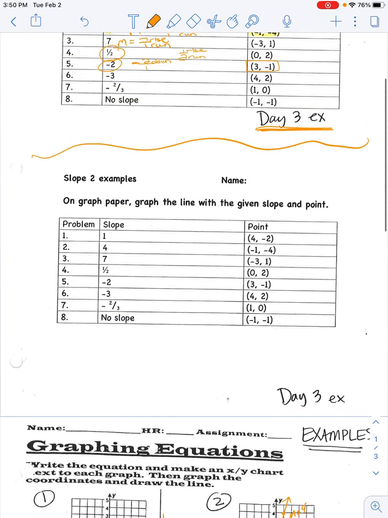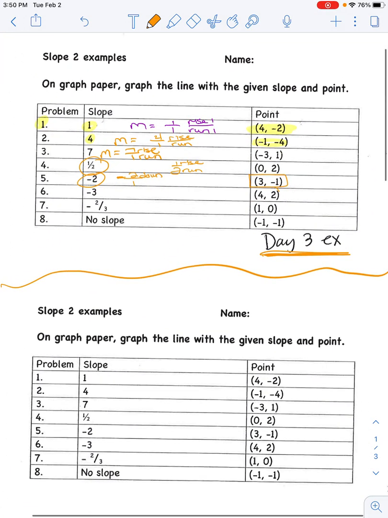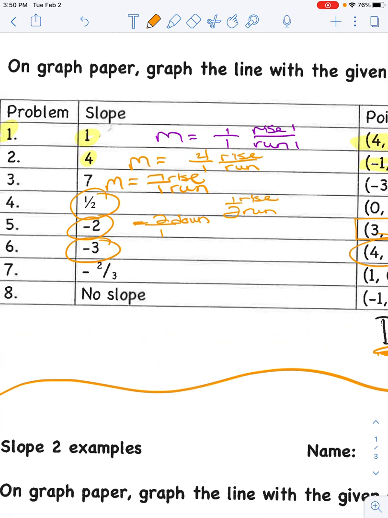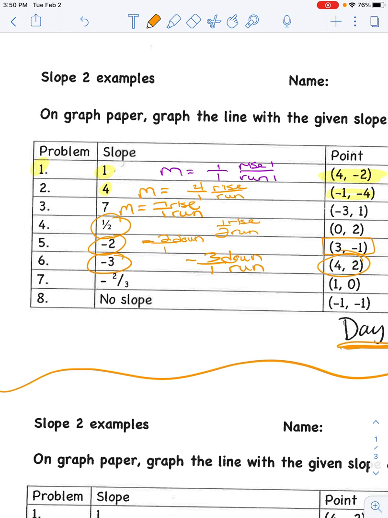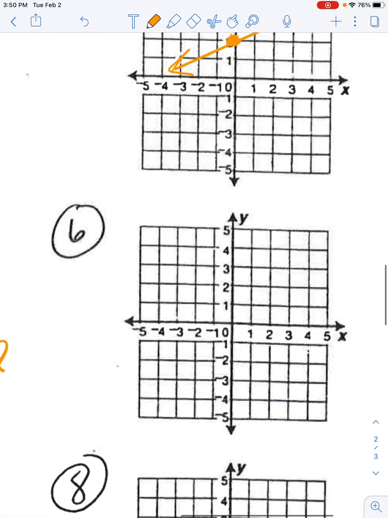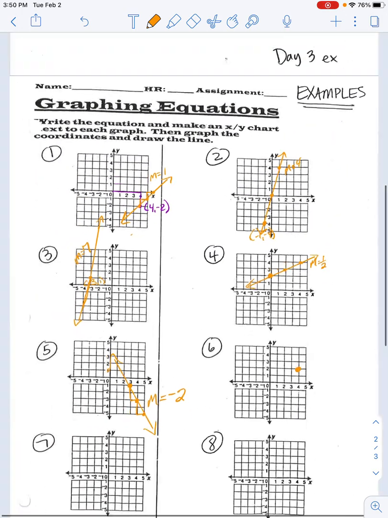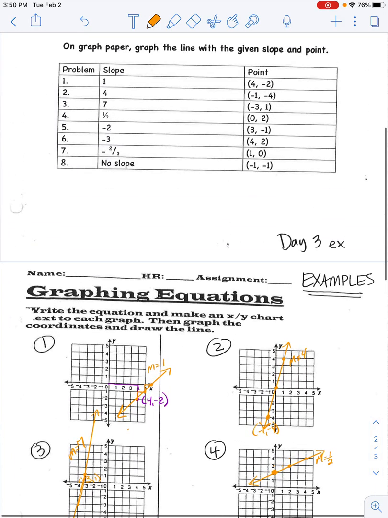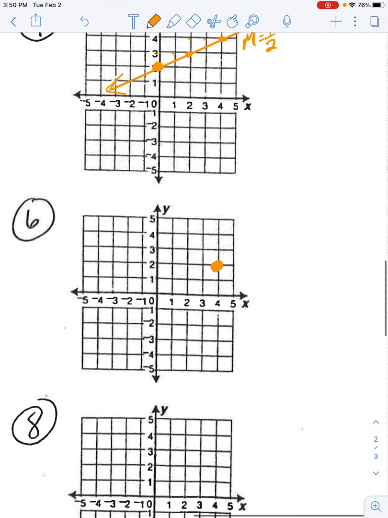Okay, let's finish up. Number 6, we're going to graph 4, 2 with a slope of -3. So again, we're going to go down 3 and run 1. 4, 2, positive 4, positive 2. I already forget. 4, 2 with a slope of -3.